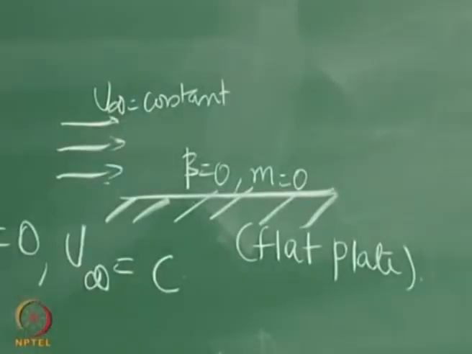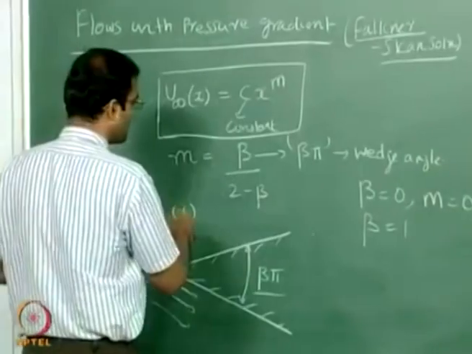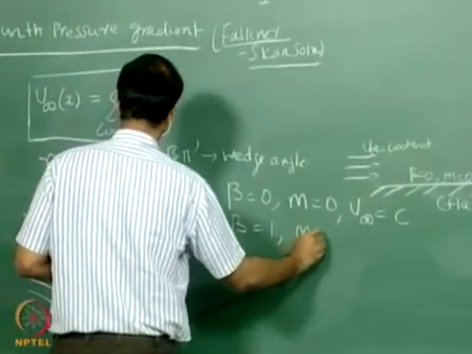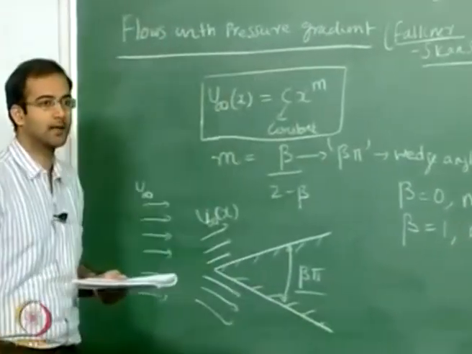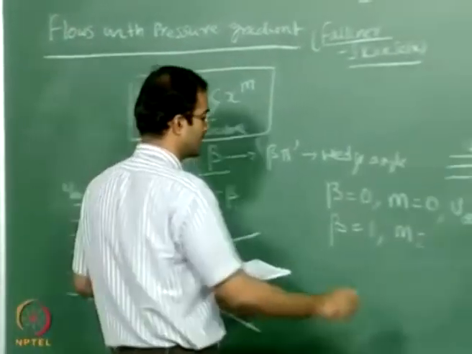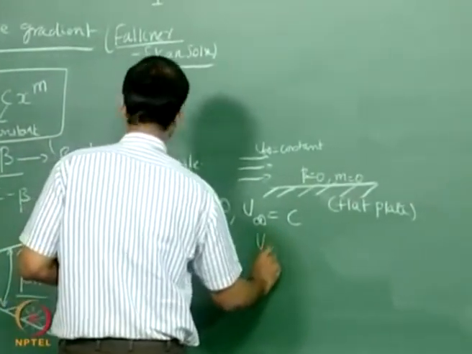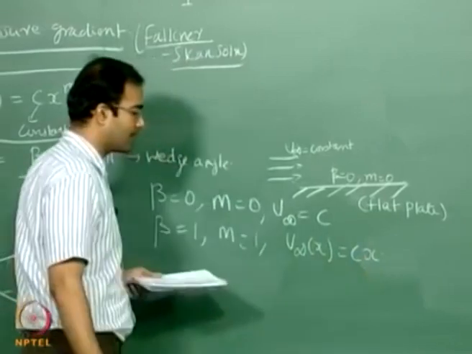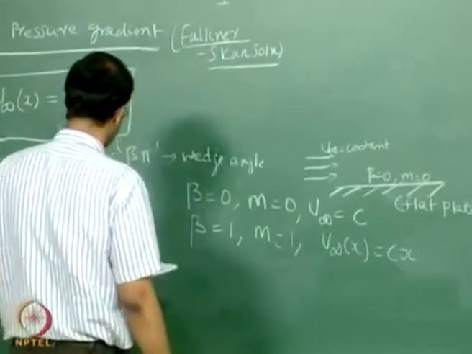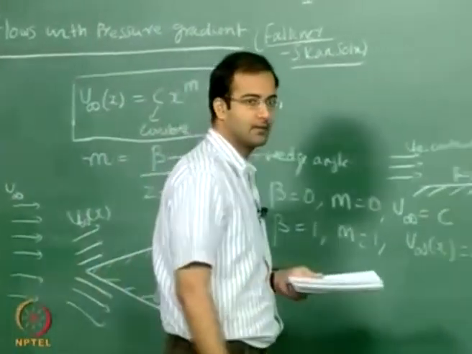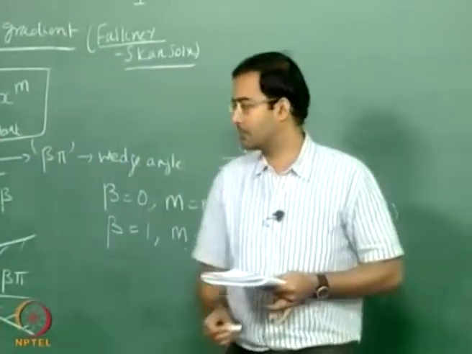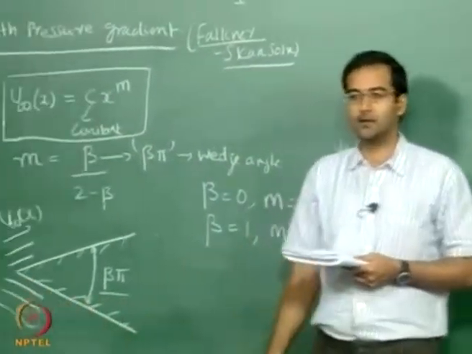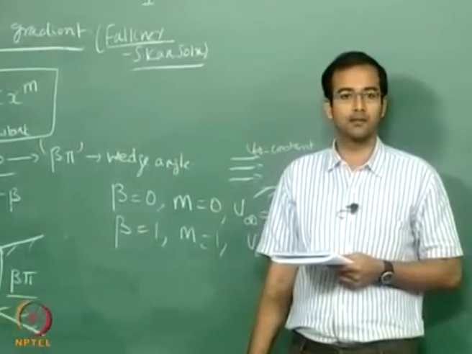Now if my beta equals 1, what will happen to m? m is 1. Therefore my u infinity of x will be c x. Now how does the configuration look? If my beta equals 1, the wedge angle will be what?